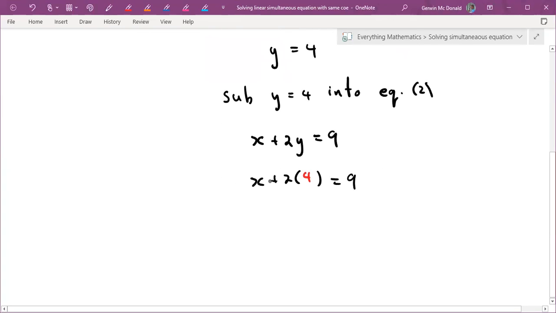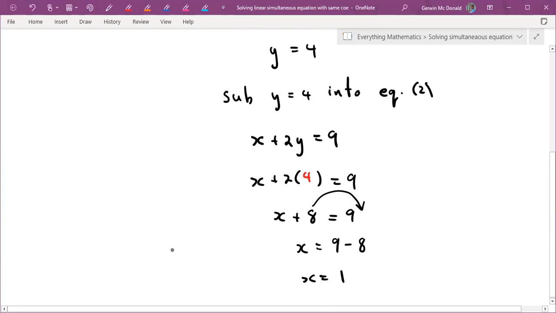And once I solve that, I will get the value for x. So that will give me x plus 8 is equal to 9. And as a result, x will be equal to 9 minus 8. Subject of the formula, we just bring over the 8 and we subtract it. So x will be equal to 1.